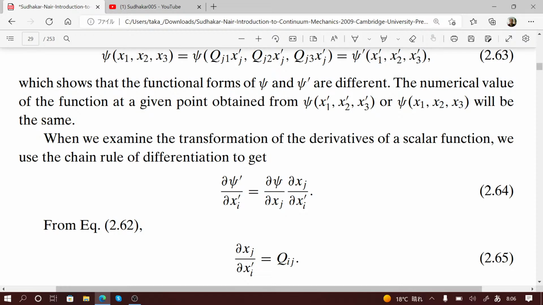However, to define the components of a vector, we need a frame of reference.